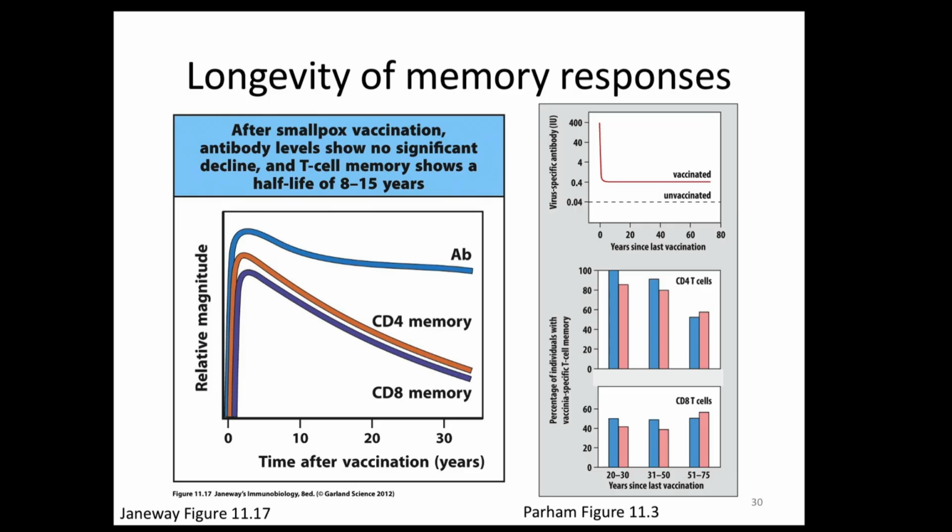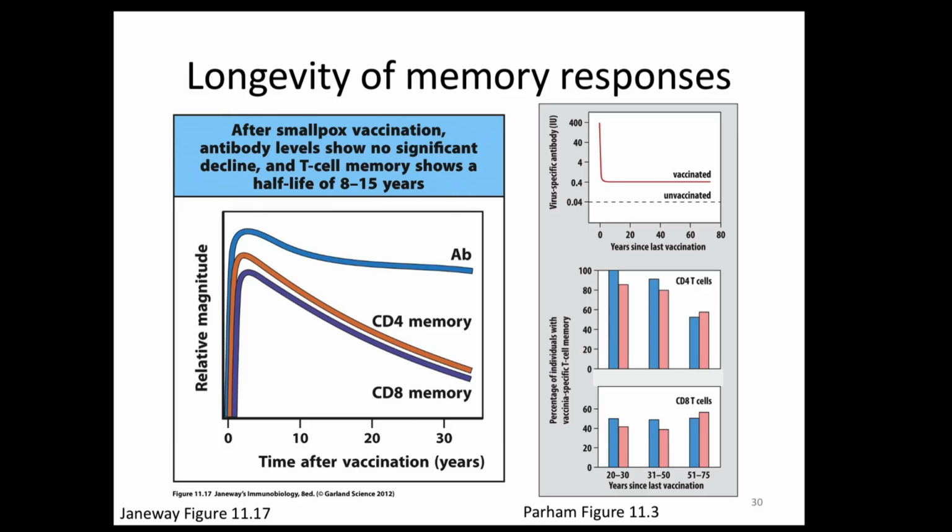The memory cells also have a lot of interesting properties in terms of surviving differently, being stimulated differently, and having a lower threshold for activation so that they make really huge responses.